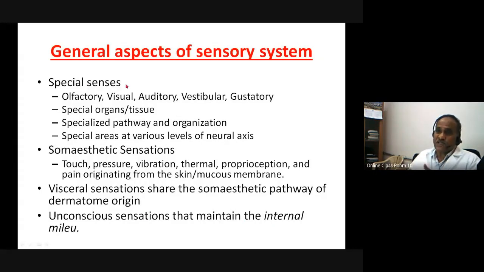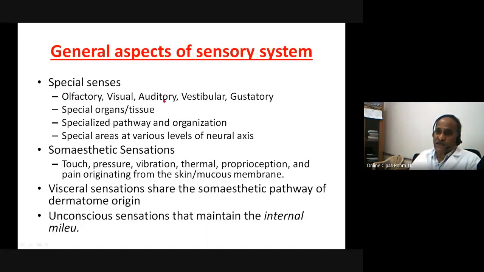Coming back to the spatial senses, we have smell, vision, sound, equilibrium, and taste.